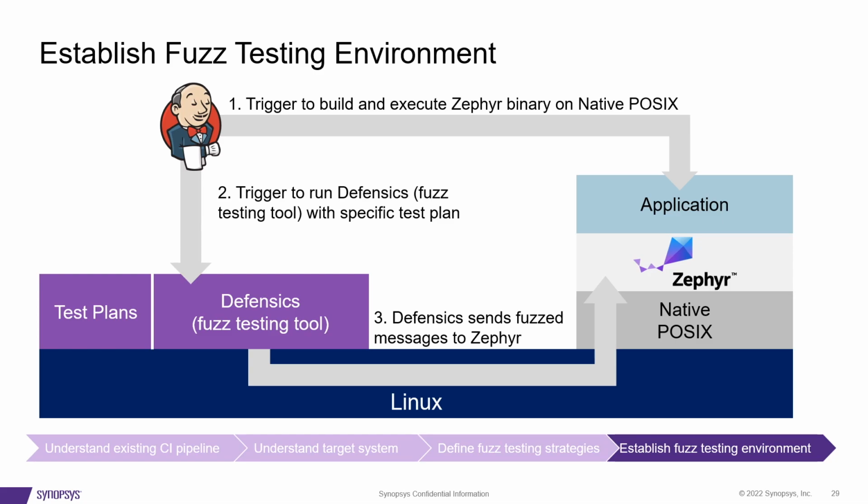As a second step, it triggers to run Defensics, which is the fuzz testing tool, with a specific test plan, for example, TCP or HTTP. So we have these test plans prepared in advance. And then Defensics, as a third step here, will send these fuzz messages to Zephyr through the native POSIX, running on the same Linux system. So all the testing is done on software.